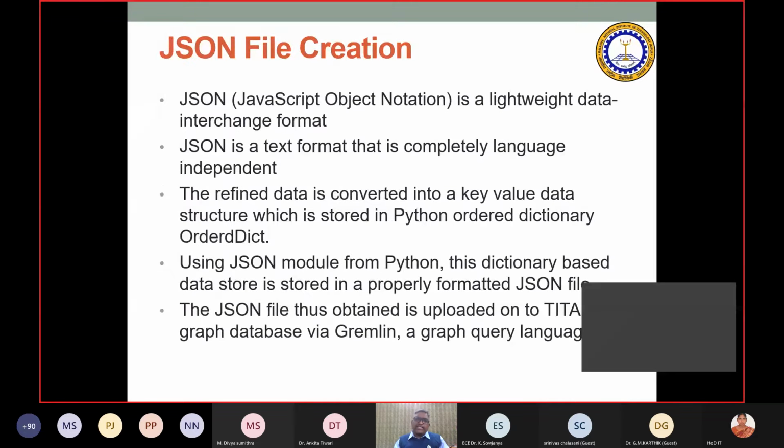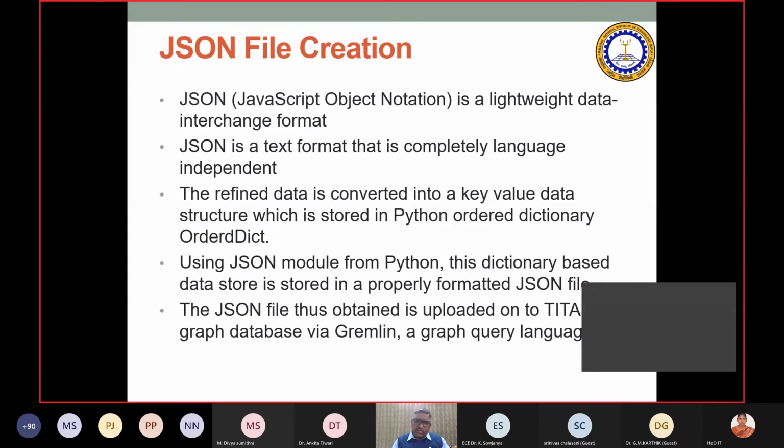Then the JSON file is created, which is like an Excel file, but there is an object notation that we use, JavaScript. So it's basically a text format, and it's language independent, and refined data is converted into key value data, okay, and then stored in a Python ordered dictionary. And then the JSON module is used.